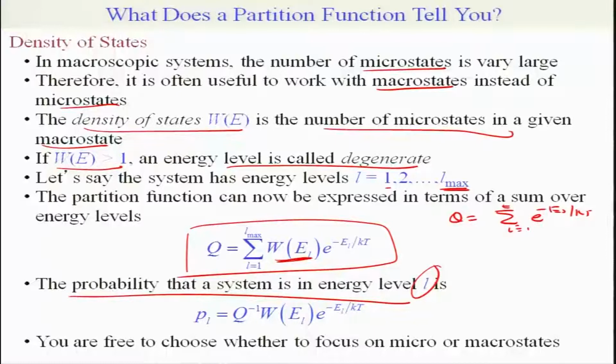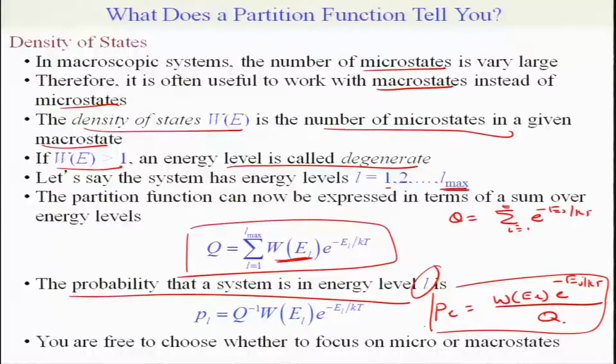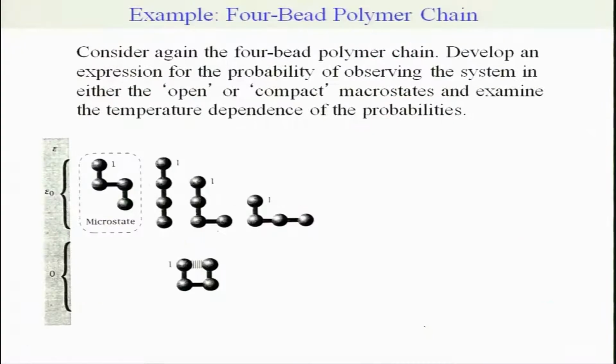Here we are saying that the probability that a given system is in energy level L is going to be written like this: P L is W of E L multiplied by the Boltzmann factor of that particular energy level, divided by Q. This would be the probability of the system being in a certain energy level L. Now, in general, you can choose both ways. You can use it in terms of microstates or in terms of macrostates. So, that is pretty much up to you to decide.